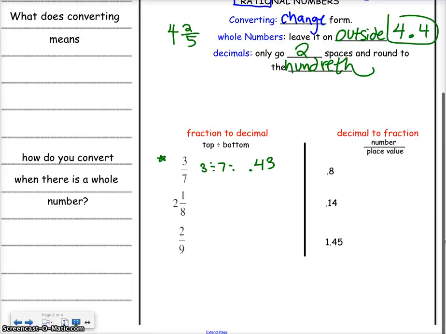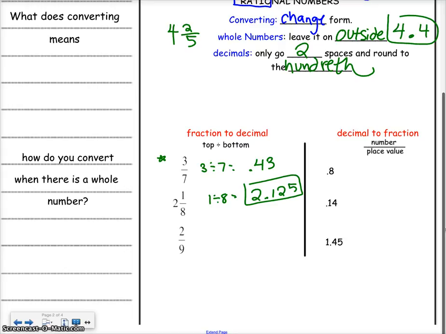2 and 1/8. I want to convert this rational number to a decimal. So again, it's a whole number. I'm just going to deal with my fraction and put the 2 on the side. So I'm going to go 1 divided by 8 in my calculator. That's 0.125. Since it only goes to 3 spots, I am including that, and then I'm just going to put 2 on the side.